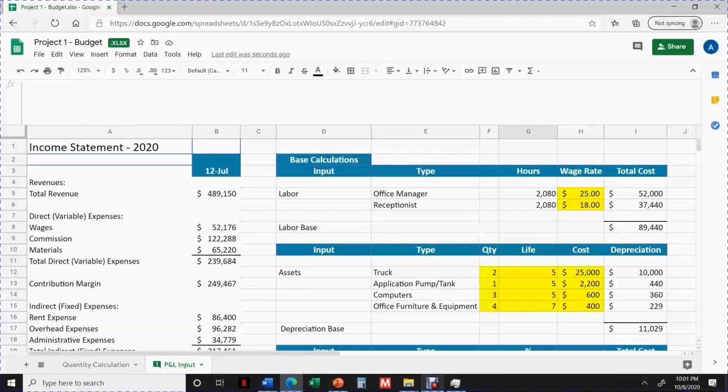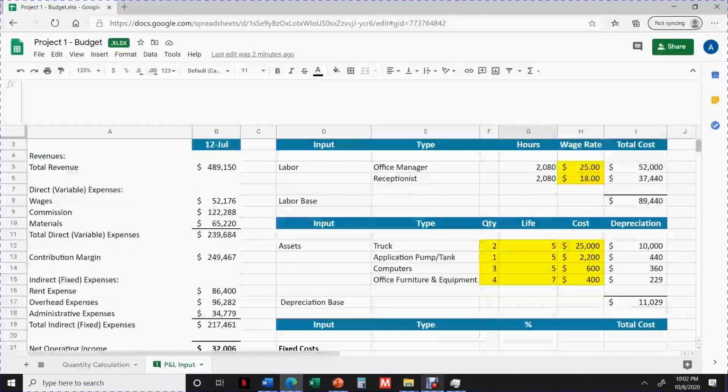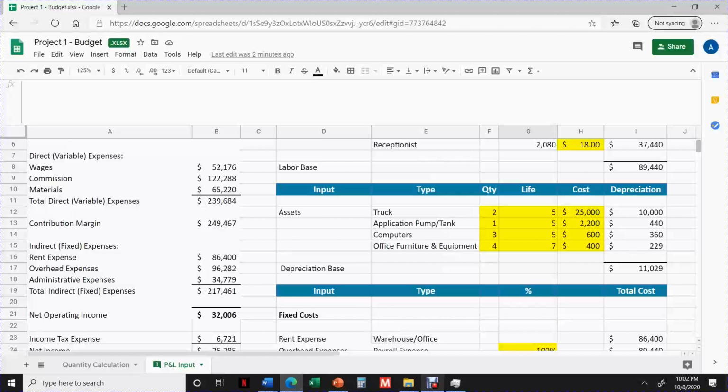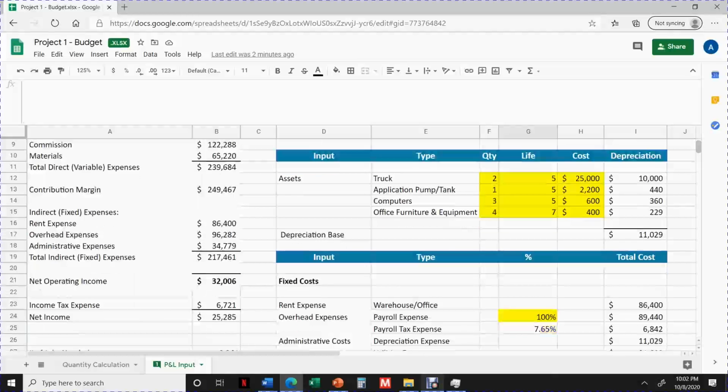Let's take a look at our income statement. So we got our total revenue, our wages, our commission, material, contribution margin, which is good to know. Our rent expense is the same. Overhead expense is calculated correctly. Our net operating.